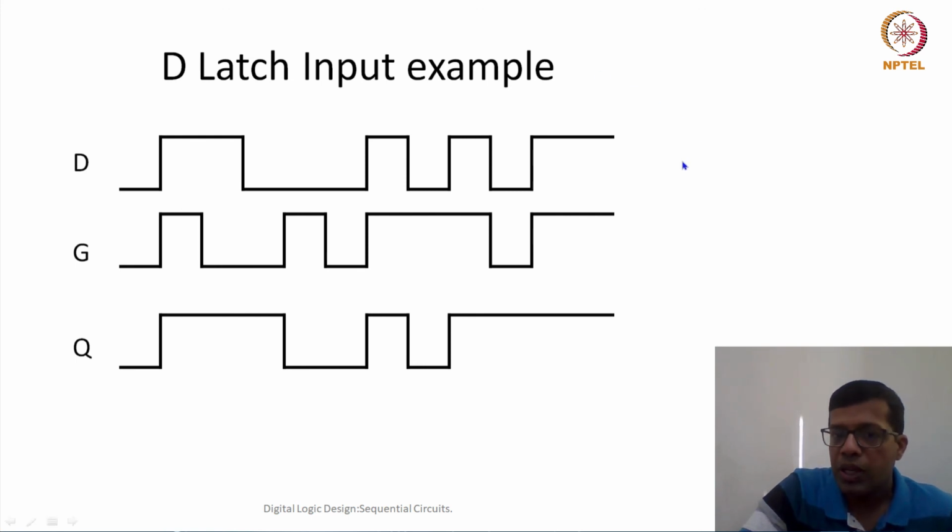Now G has become 1, and whatever the D value is, it is transparently given as the output. So G is 1 for this long duration, and whatever is happening in D is happening at Q also. That means initially it is 1, then it goes to 0, then it becomes 1.